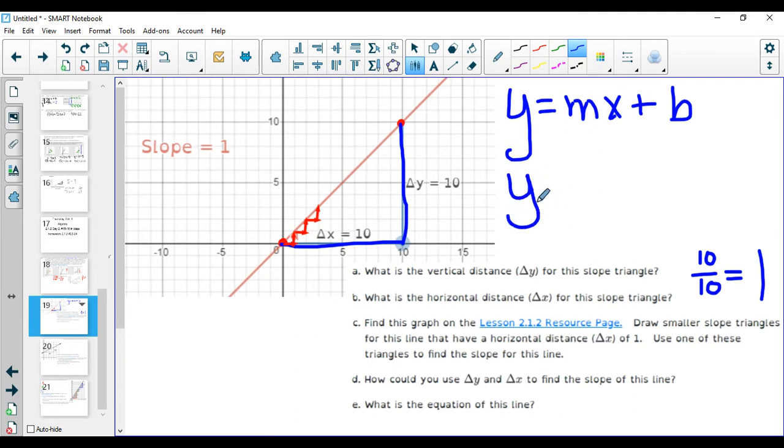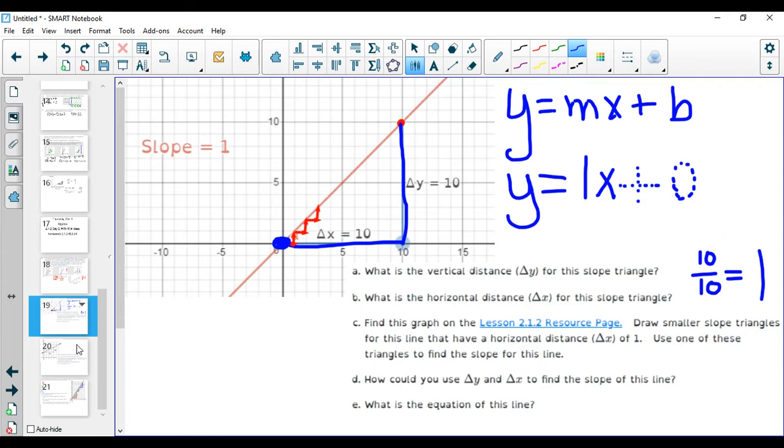So our y value can be determined using 1 times the value of our x. And then what's the value of y when x is 0? It's 0. So again, this is one of those cases where if you want to put in plus 0, you can. But if you just want to leave it without the plus 0, that's okay, because anytime we add 0, we get nothing anyway.